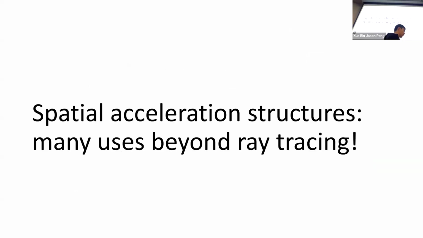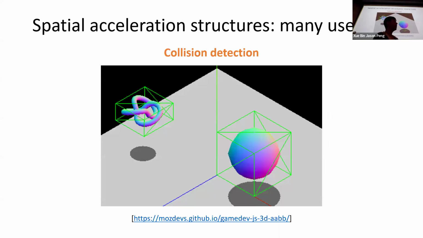Now, we've presented these spatial acceleration data structures mainly in the context of trying to make ray casting more efficient, to make ray intersection tests more efficient. But these spatial acceleration data structures have applications that go well beyond ray tracing. So for example, these spatial acceleration data structures are also very commonly used for things like physics simulation.